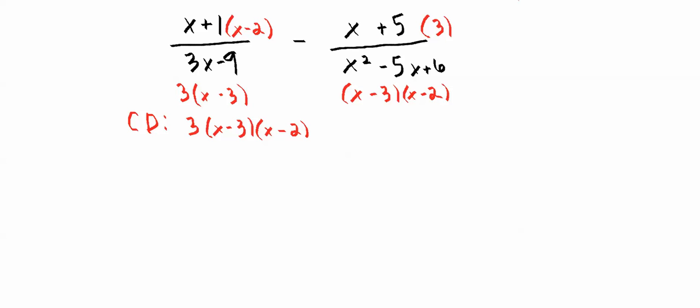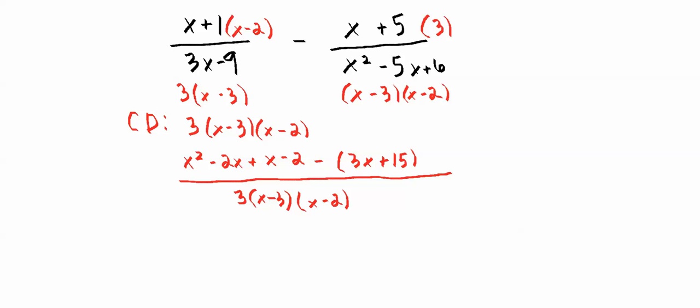So we multiply the 2 and get x squared minus 2x plus x minus 2 minus our 3x plus 15 over our common denominators. Now, we can't forget to distribute our subtraction sign. We have to distribute it to the 3x and the 15.